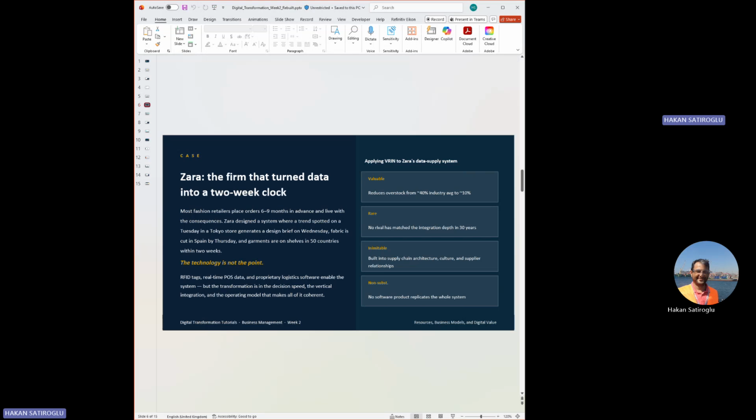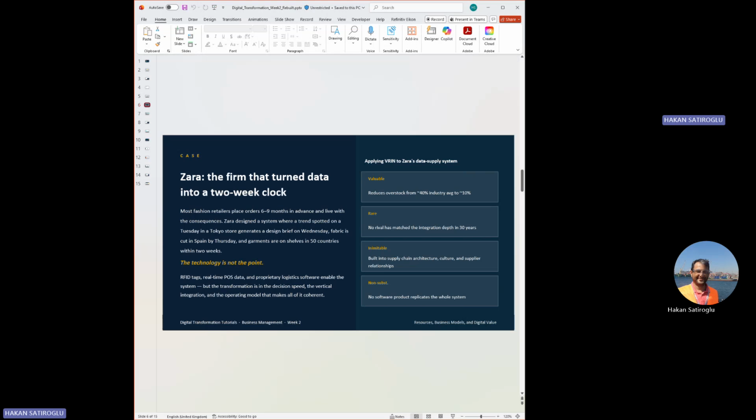Zara works differently. They built a system that notices what customers are reacting to, what they want, what their attention goes to, turns that information into design and production decisions almost immediately, and gets new items into stores very quickly. They manage that.